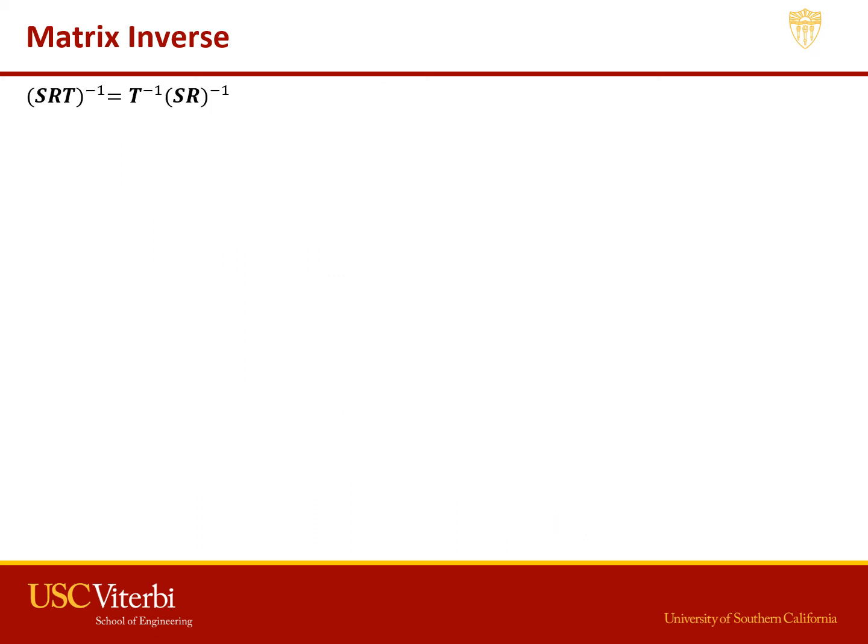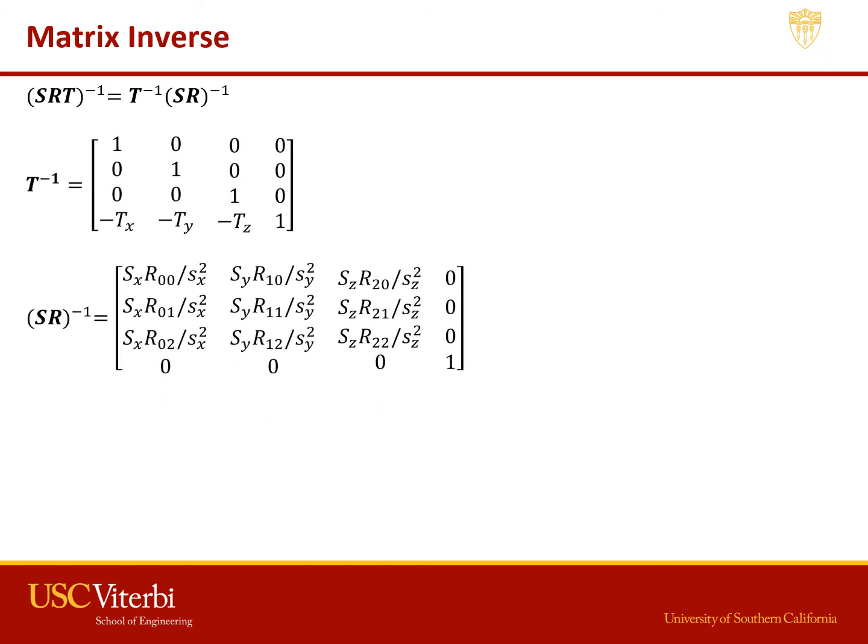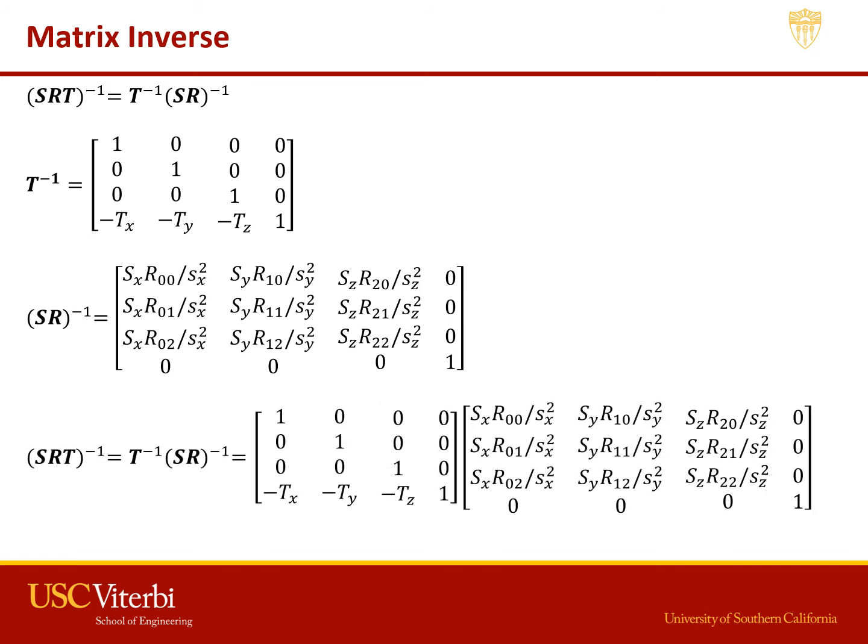So let's now get back to combining the t that we had with the SR that we just calculated, and we'll combine those like so. Now, watch out for this. A lot of people make this mistake of thinking, oh yeah, I remember how to do that, I just put the translation across the bottom row. Well, that was true when we did SRT. We did SRT, the t just goes across the bottom row.